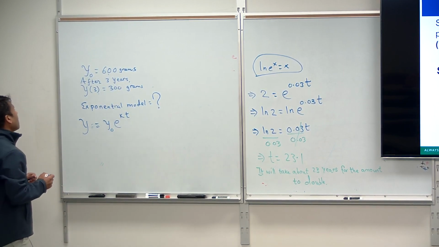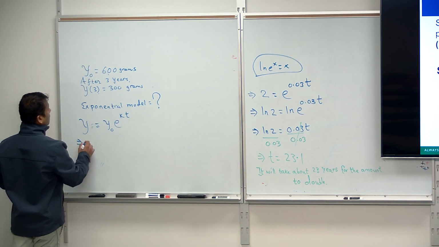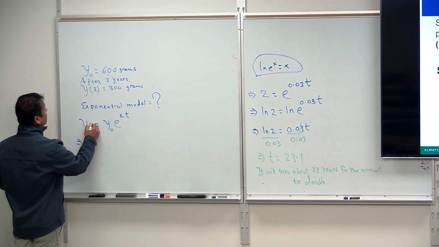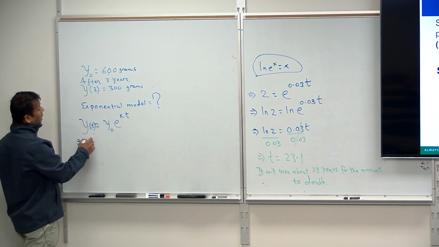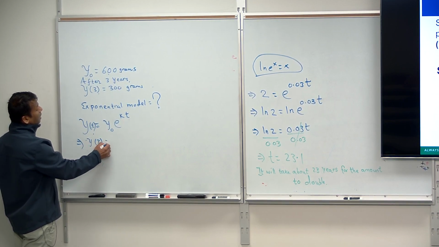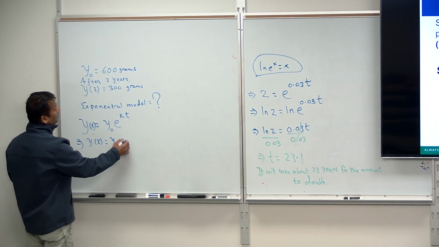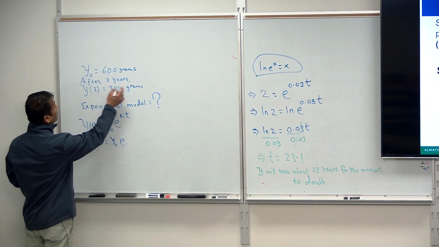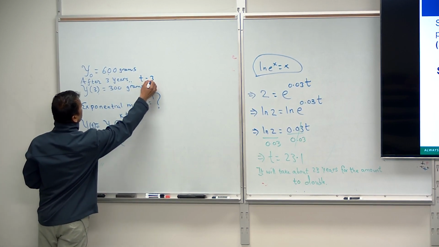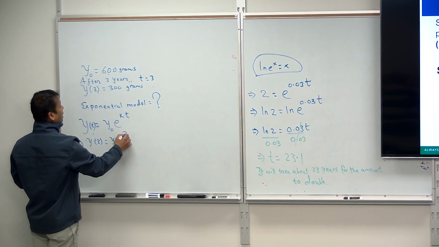And you know the amount after 3 years. So you know the value of y3, right? But when you plug in 3, this is y3 is equal to y0 e to the power what? T is 3, right? So after 3 years means t equal to 3. So this is 3k.